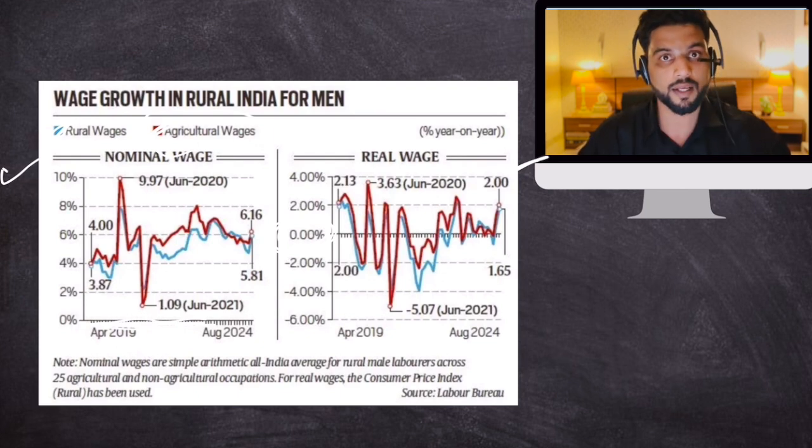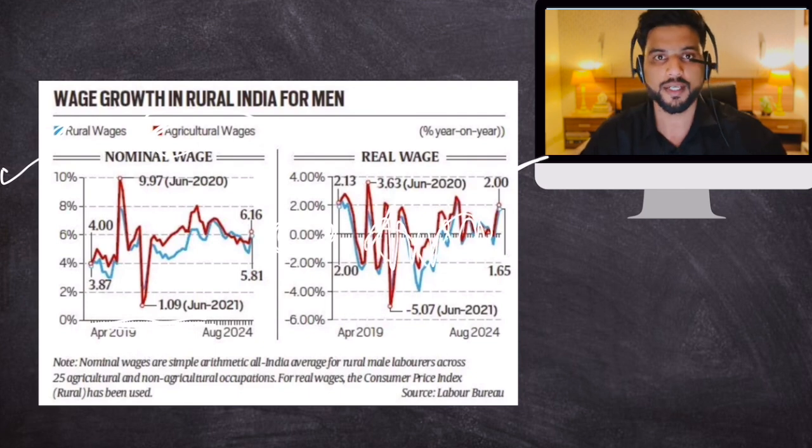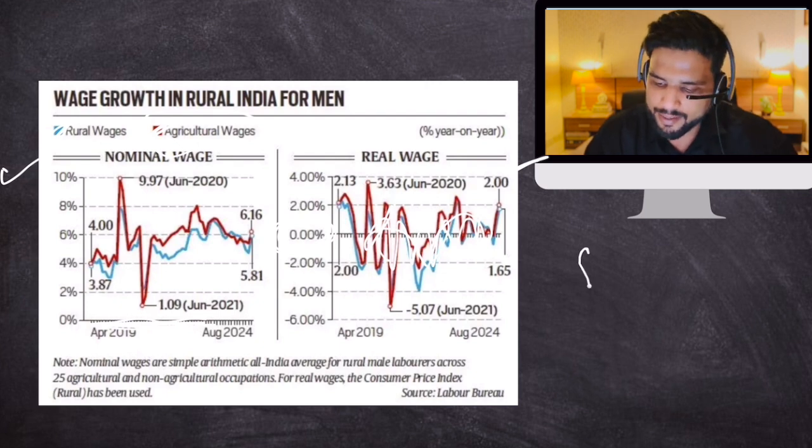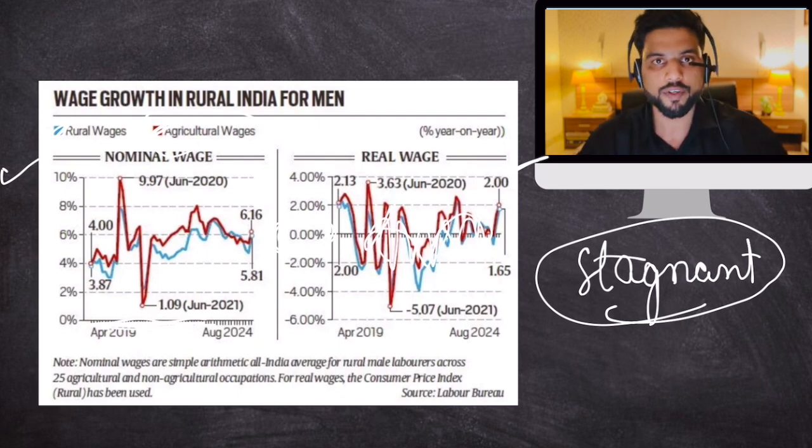That means if adjusted for inflation, people's wages declined. So in terms of real wages, well, real wages have been roundabout close to 0%. So Labor Bureau says that real wages have remained stagnant despite the fact that national income or GDP has increased. Real GDP has increased, as you can see over here.